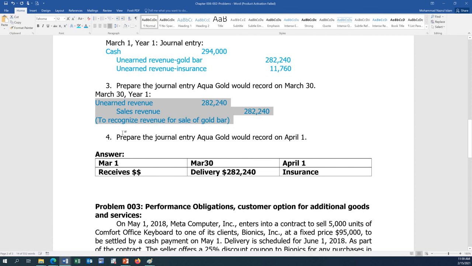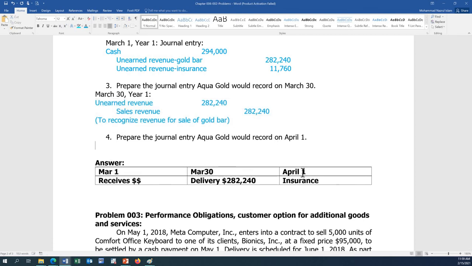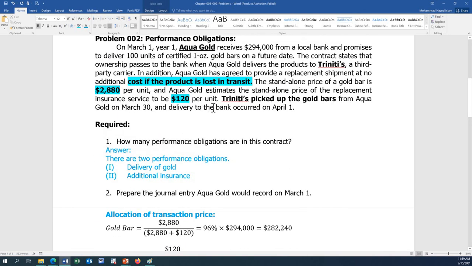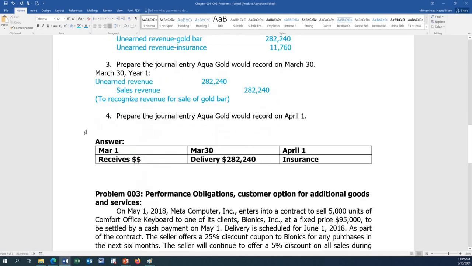So we have delivered. And on April 1, what has happened? On April 1, the bank has received the gold bar. It means that we no longer have the liability of the insurance. So it is done.